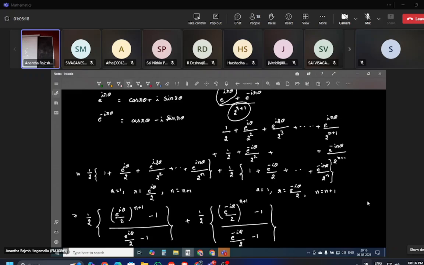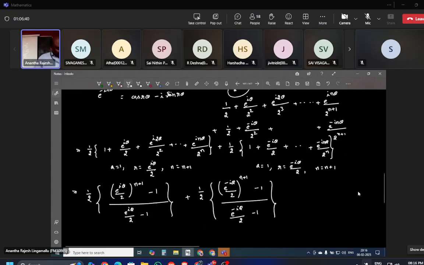Now denominator is not a problem. Numerator also not a problem. Got that? You did this problem? No? Who asked me this question now? Fantastic. What is the name? Sai Nitin, sir.